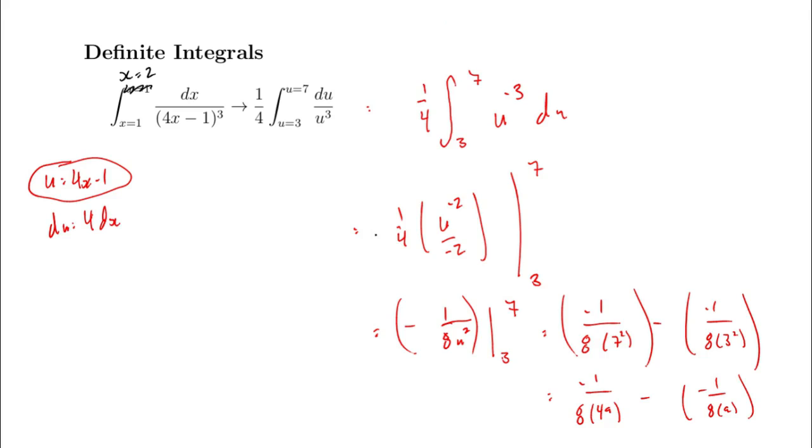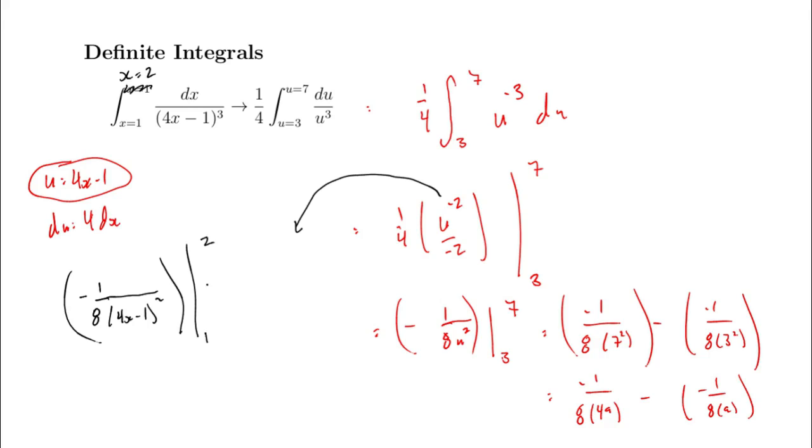What you'll notice is that if we took our antiderivative and we converted things back using this u-substitution, we would have negative 1 over 8. But remember, instead of u squared, we could put 4x minus 1 squared. And then we could go ahead and do our evaluation from our x values 1 up to 2.